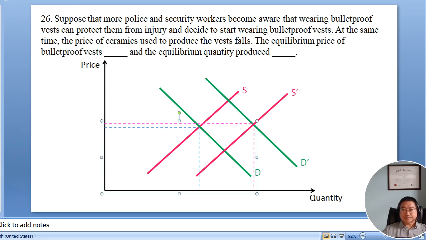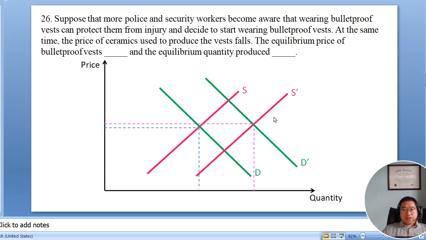Let me mark it. The price is slightly higher, went up a little bit, but the quantity goes out a lot. And that's what we can see in the current example.